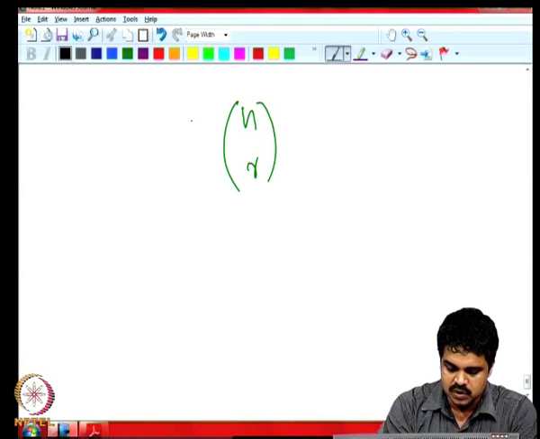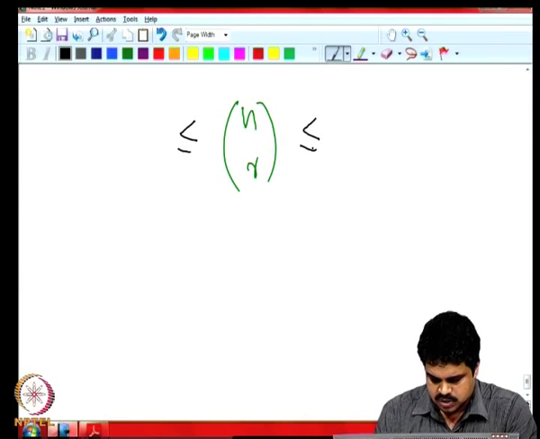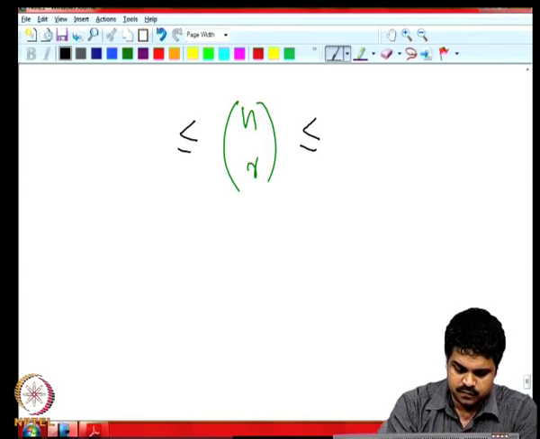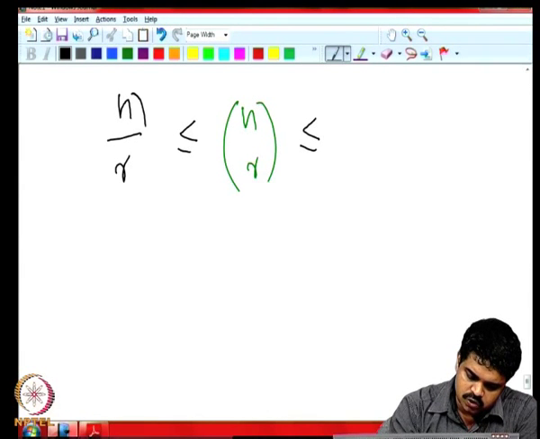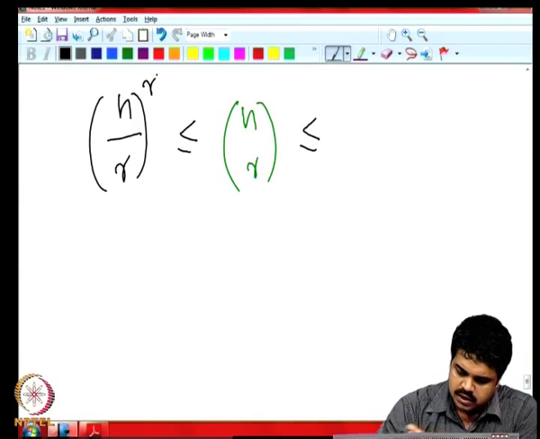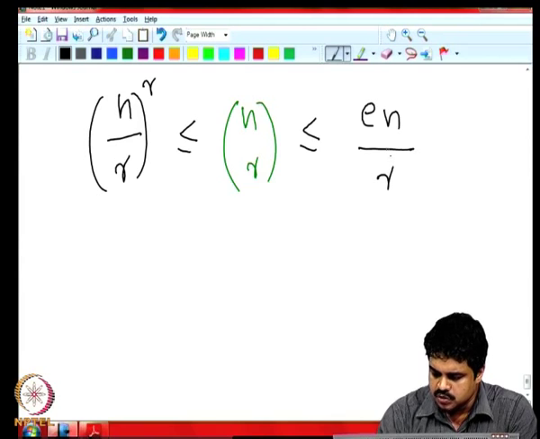Therefore, we will try to come up with some upper and lower bounds for this in terms of such powers. The lower bound we are going to give is n by R to the power R, and the upper bound is E n by R to the power R.